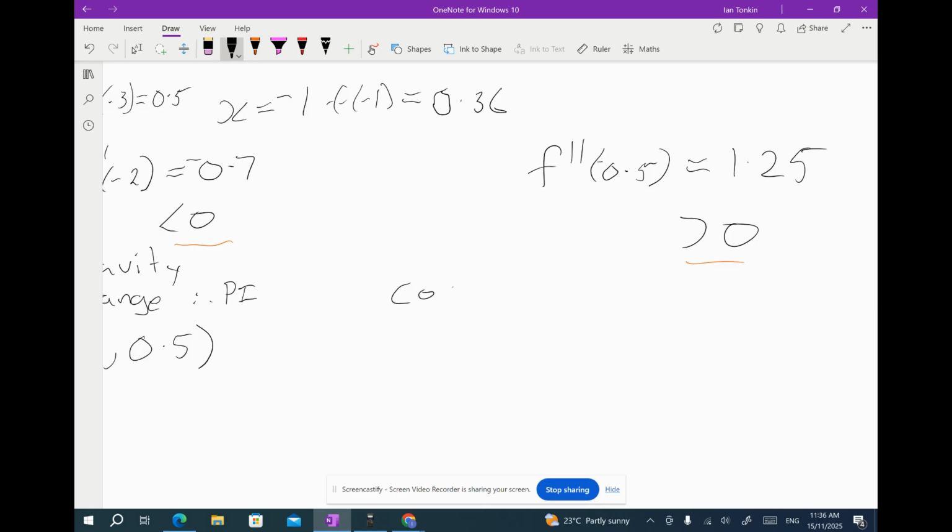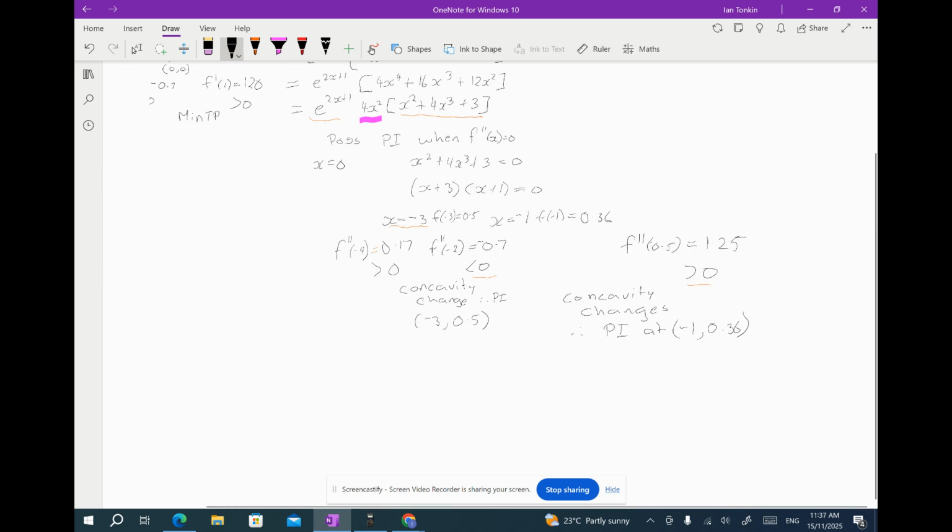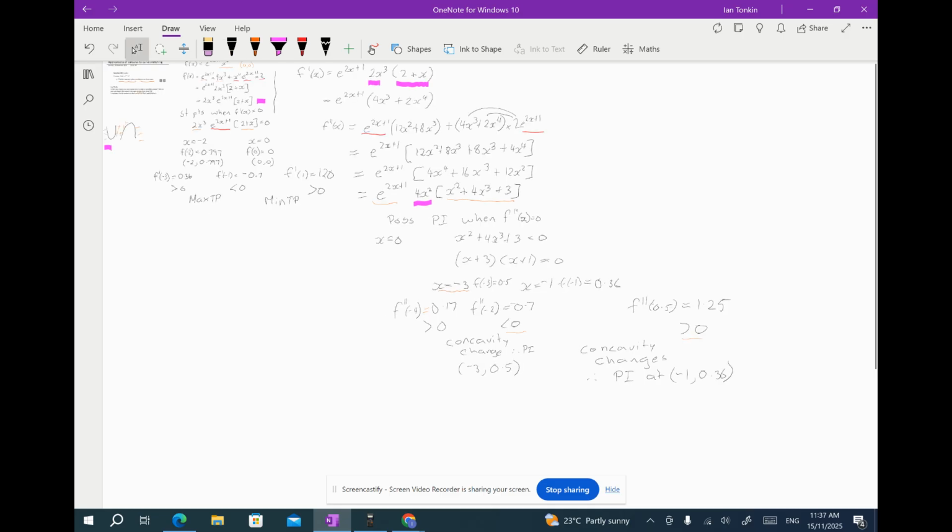So concavity changes. Therefore, point of inflection at -1 and 0.36. Right, so we've done all that. That's second derivative. Very hard.